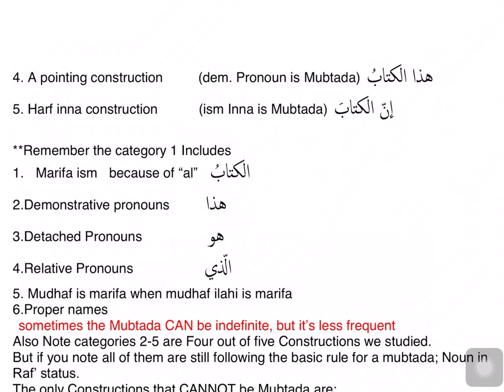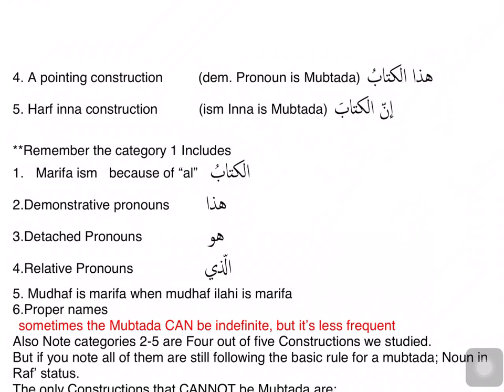For that purpose, I introduced the harf inna, which does this action of giving emphasis. So the thing is, inna does not just give emphasis, it also forces the noun to take nasb status. So when I introduced inna for emphasis, al-kitabu was forced to take a fatha, and it became al-kitaba.